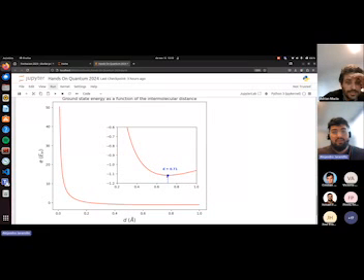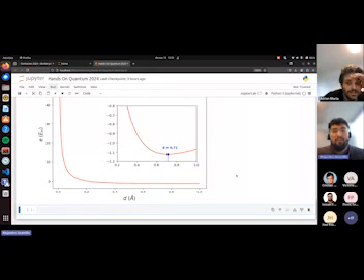And this is the equilibrium distance, which coincides with the minimum. And that's going to be all for the hands-on, just a way of showing that quantum computers can be used to solve many different problems in different ways than a classical computer does.